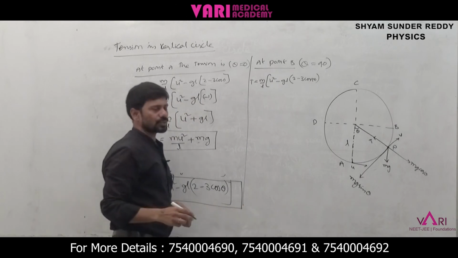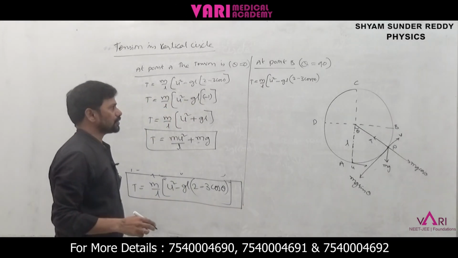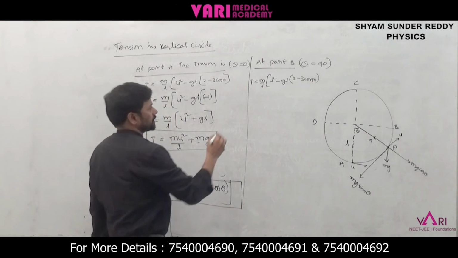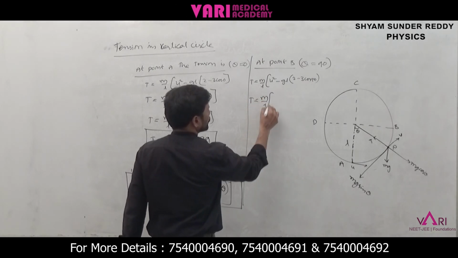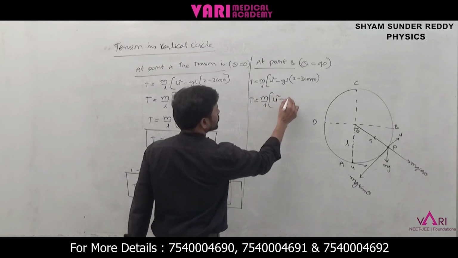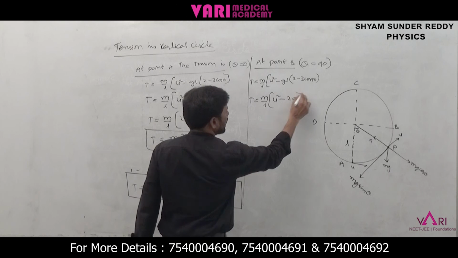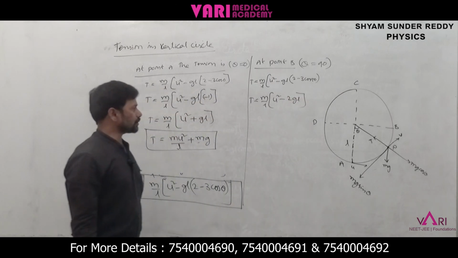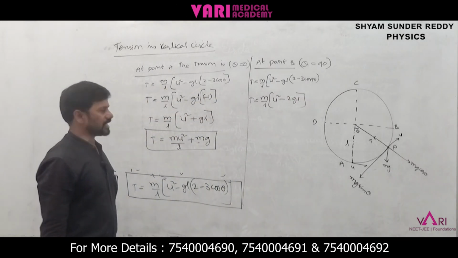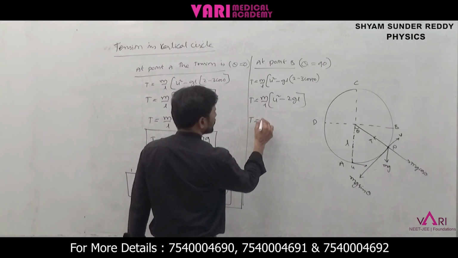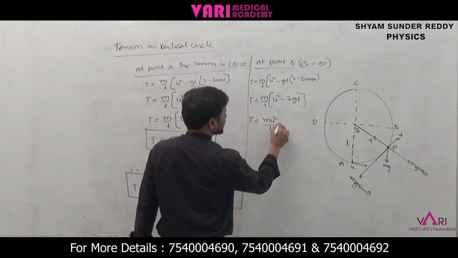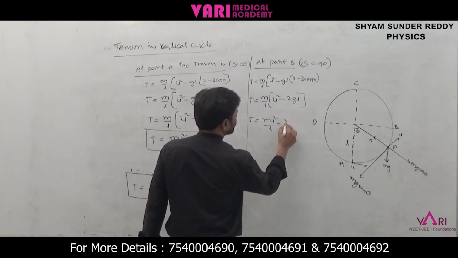Cos 90 is 0. So, we are getting T is equal to m by L into u square minus 2gl. So, this is T is equal to mu square by L minus 2mg.